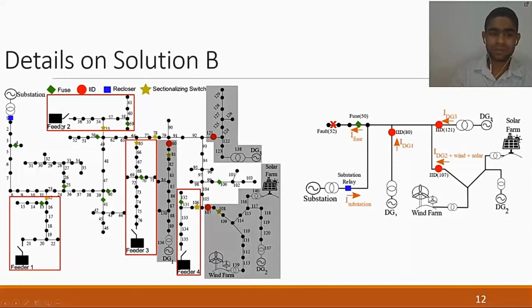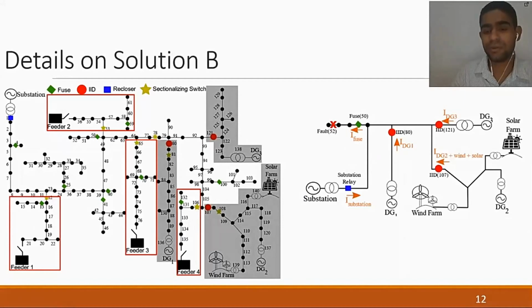These regions are the load transferring rate regions, and the hatched areas are the islanding regions. We can observe here a fault at branch 52, and we have multiple sources.